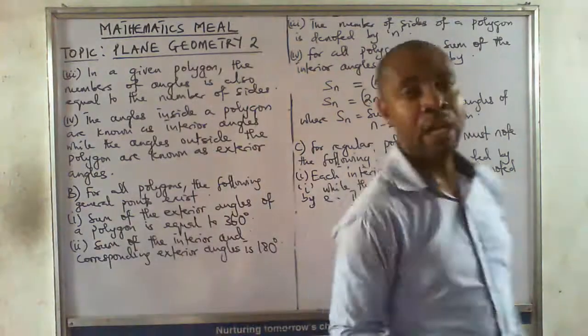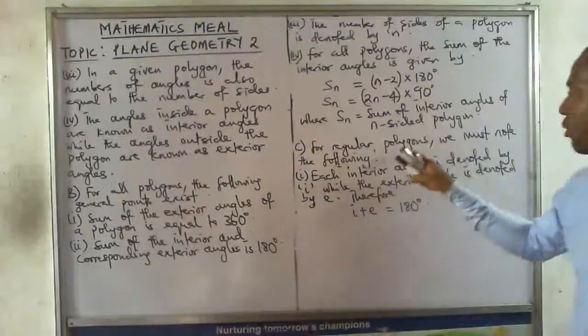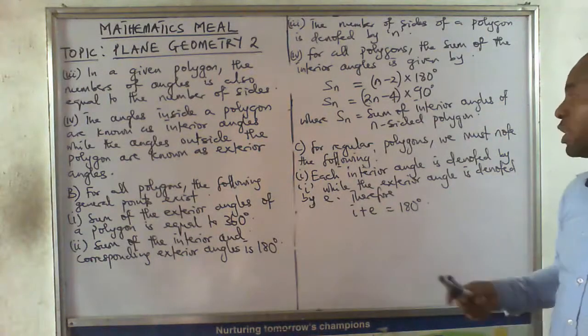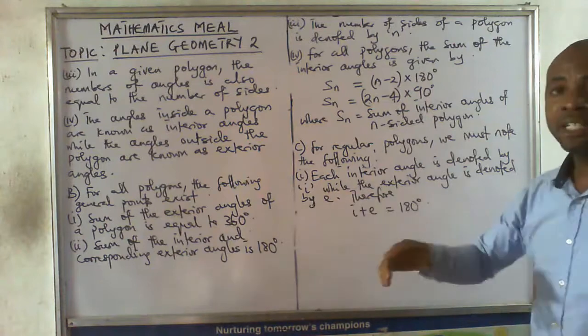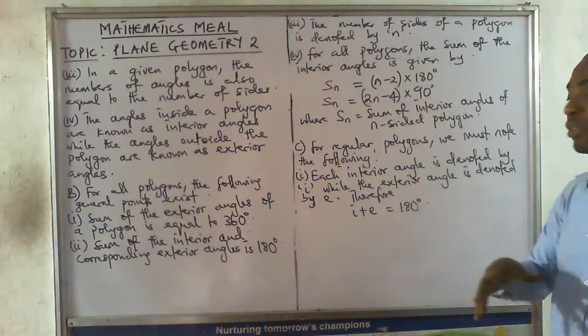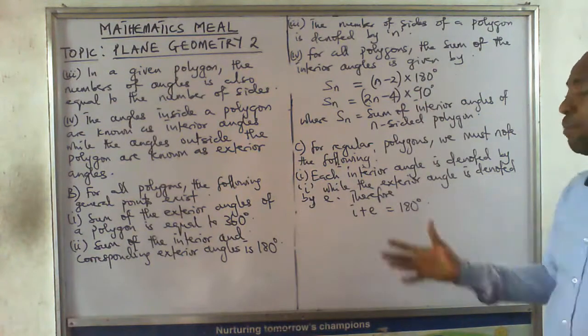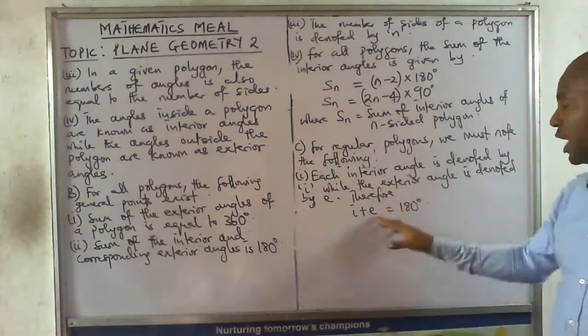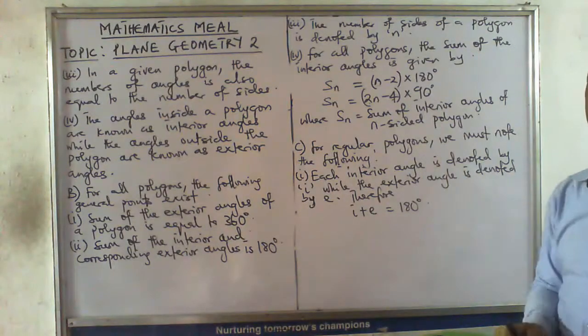Now, why are we doing this? Because this is a regular polygon, so all the angles are equal. So we can use I to represent each of the interior angles, which will simplify a lot of things. Since all the angles are equal, we can use E to represent each of the exterior angles.